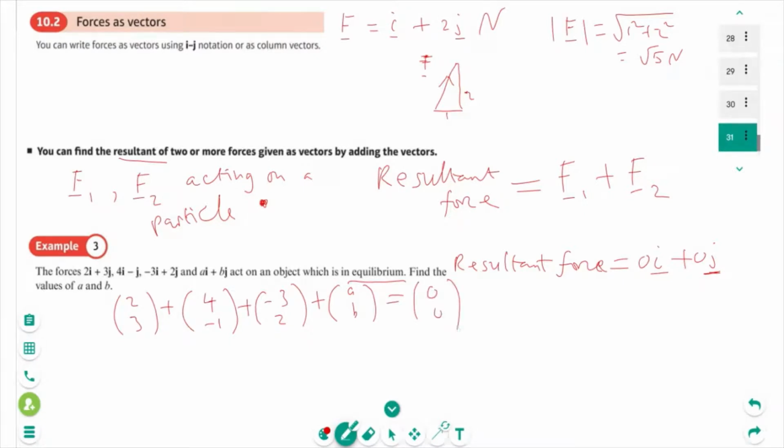Adding the known ones together: 2 plus 4 is 6, 6 take away 3 is 3. 3 take away 1 is 2, 2 plus 2 is 4. So hopefully a is minus 3 and b is minus 4.